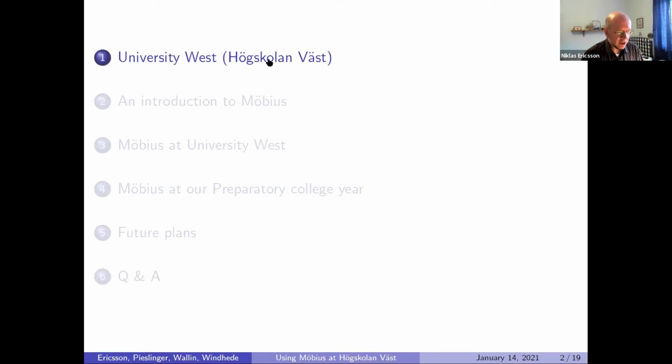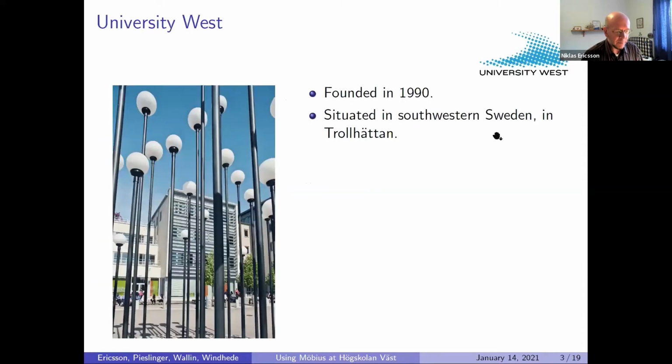So let me just start with saying a few words about our university. It is not a very old university. It was founded in 1990. So last year we turned 30 years old, but as you can understand, it was not possible to celebrate that much. We are situated in the southwest part of Sweden, in a city called Trollhättan.